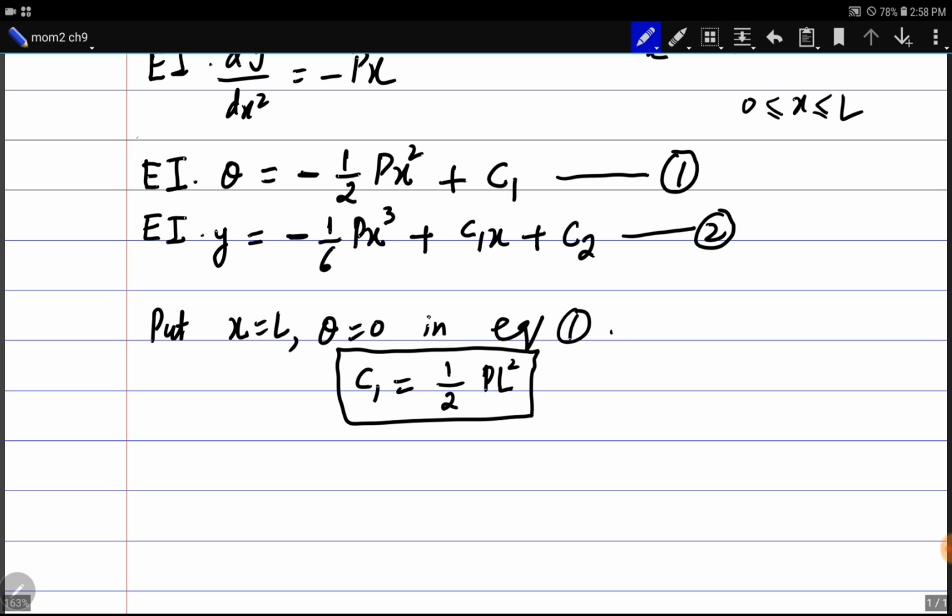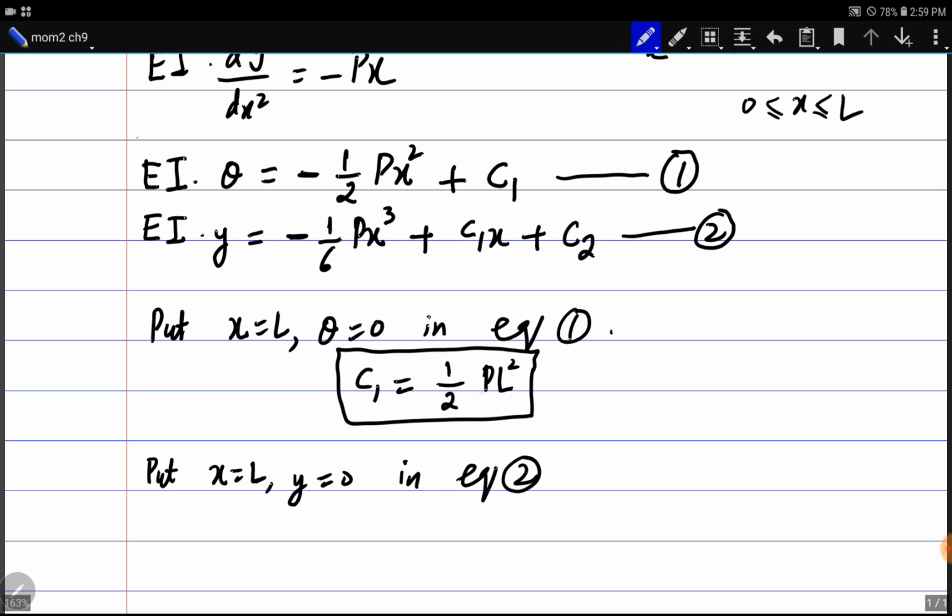The solution is available in the book. Okay, now to find C2, put x equal to L and y equal to 0. As this boundary condition is related to y, so we have to put in equation number 2 which belongs to y. So put x equal to L and y equal to 0 in equation number 2.